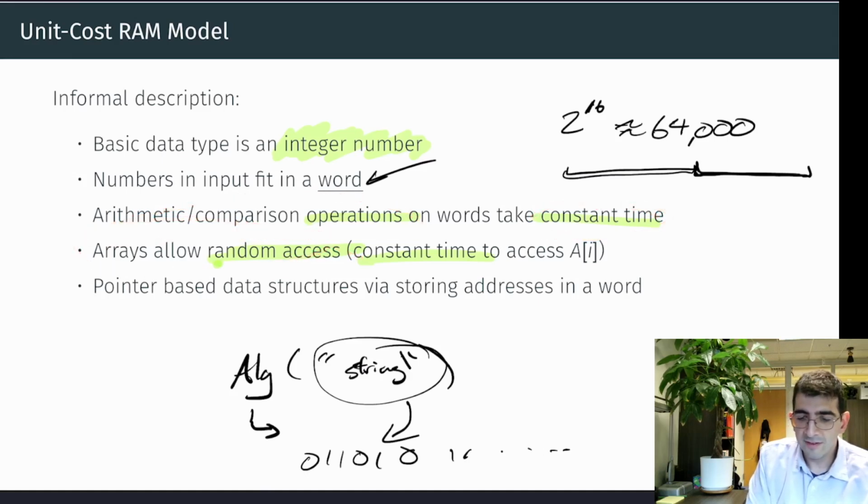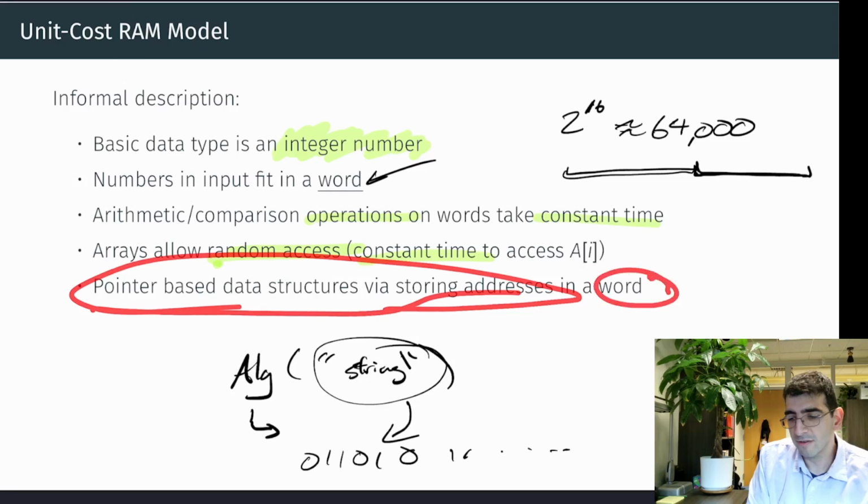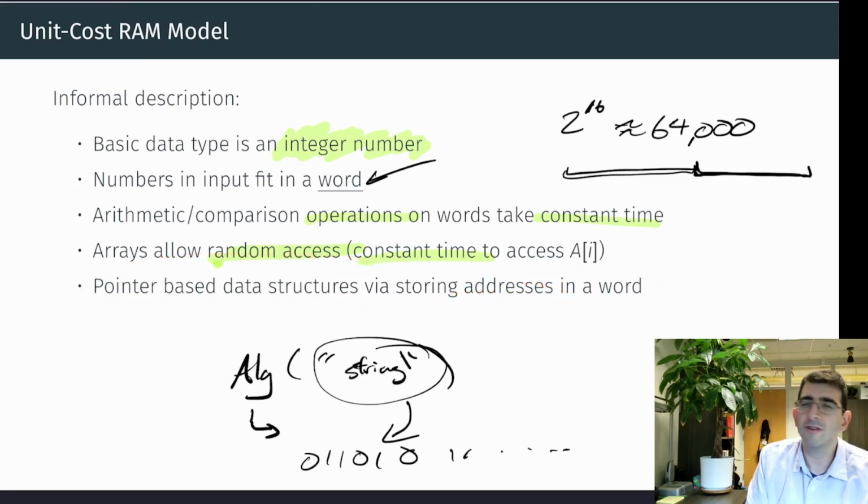And we also say pointers and addresses are storable in a word, which is almost always the case. I can't think of a computer that had an addressable memory that was larger than a word. But I know some of you are computational historians and will correct me on that.